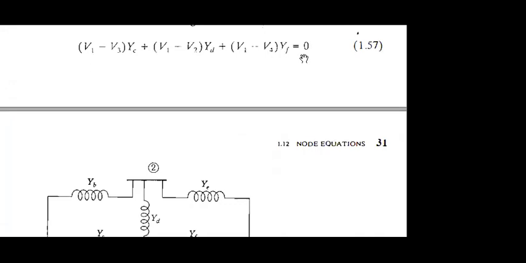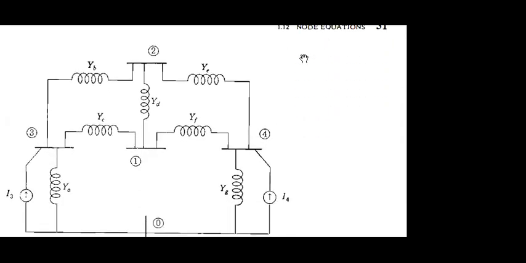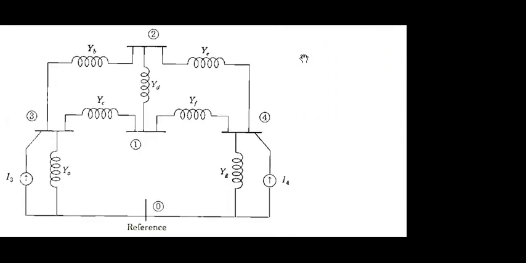So when you write all 4 node equations, you have to isolate the voltage. That means you have V1, V2, V3, V4 in all the equations.